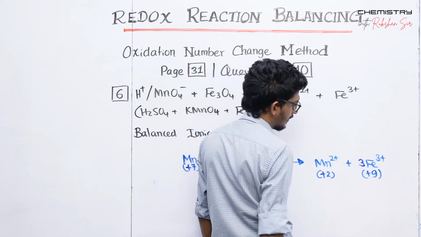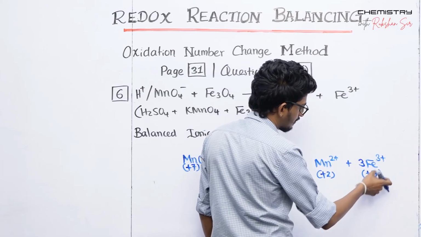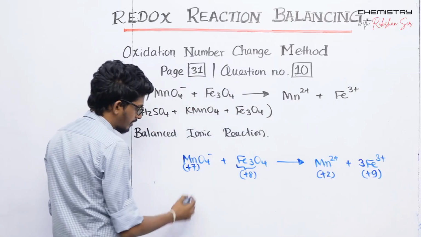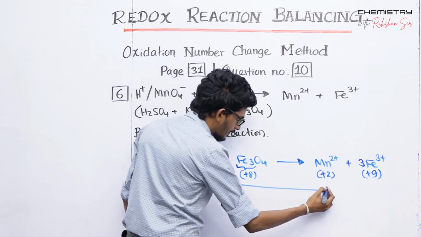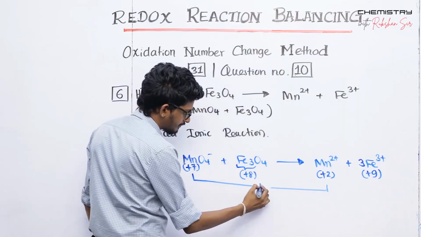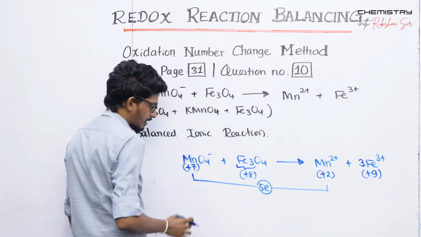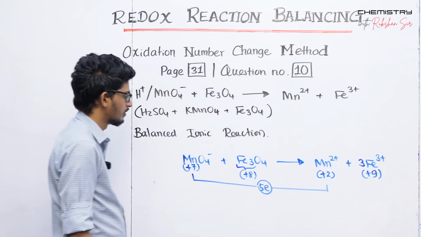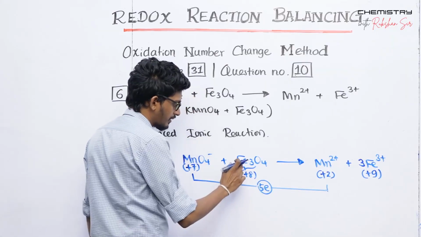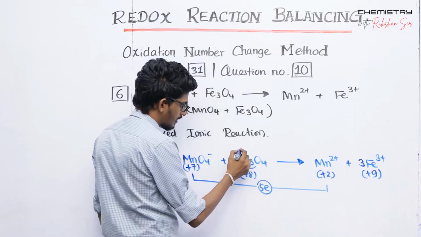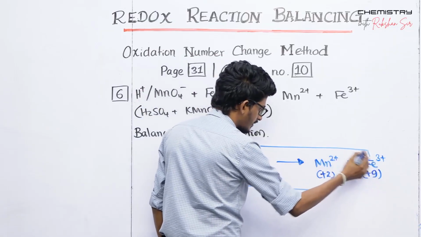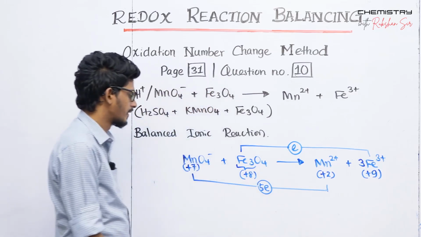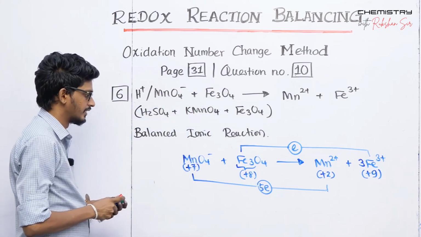So you have 3 ions with +3 oxidation state. So that is +9 altogether. So differences, right? So 5 units of difference here. +7 to +2 is 5 units of difference, right? So here +8 to +9 means just 1 unit of difference, right?